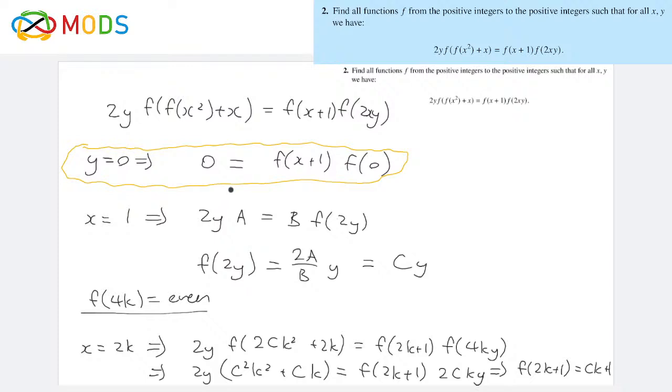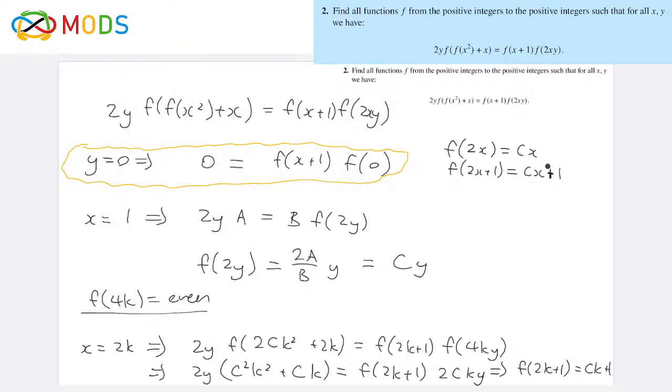Can we combine these two into a single equation? I mean, we have f of 2x equals cx, and f of 2x plus 1 equals cx plus 1.